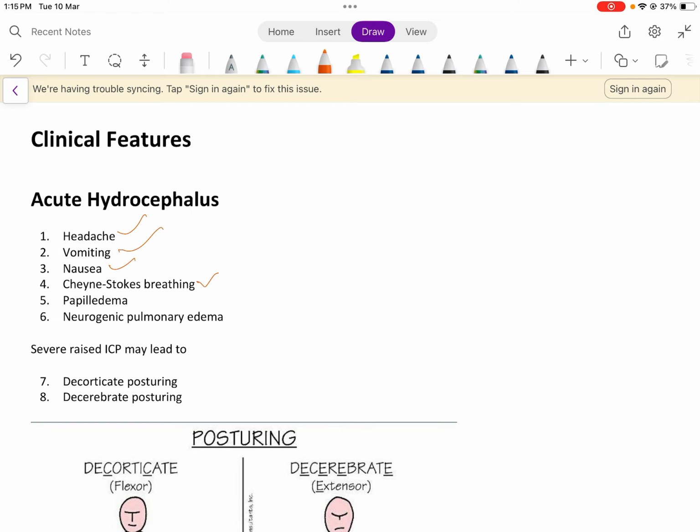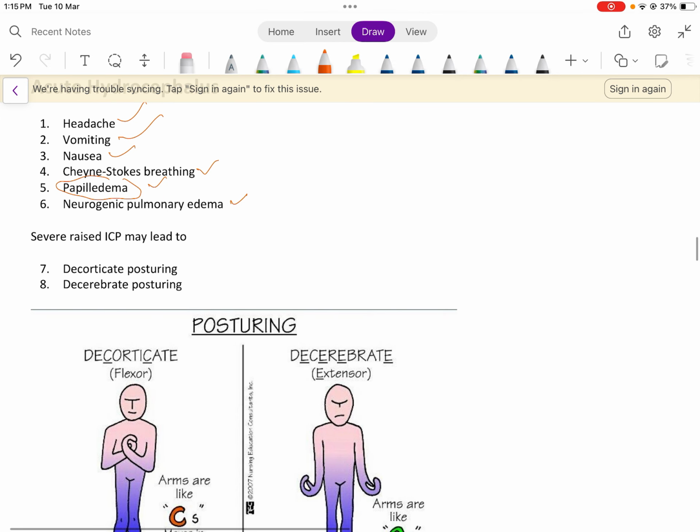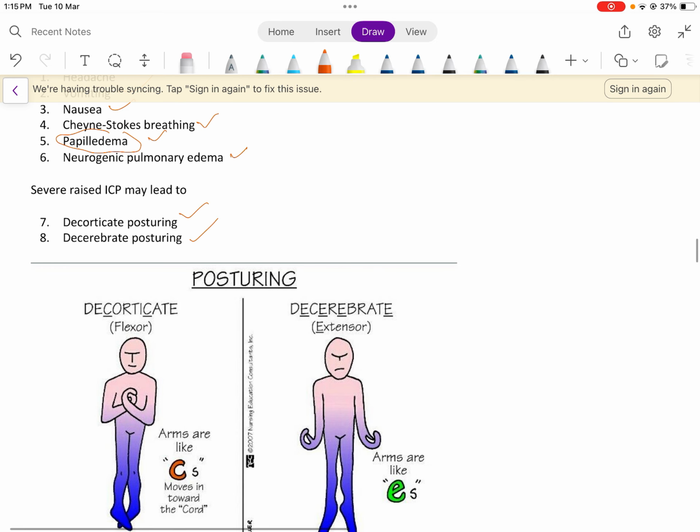You have all the cranial nerves, so naturally there will be involvement, with papilledema, the disc edema. There could be neurogenic pulmonary edema. These are the clinical features of acute hydrocephalus. Severe ICP will lead to decorticate and decerebrate posturing.